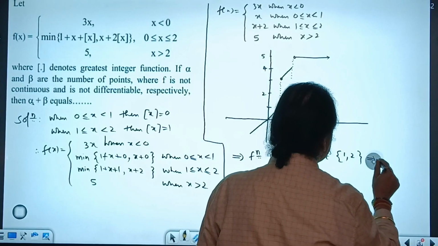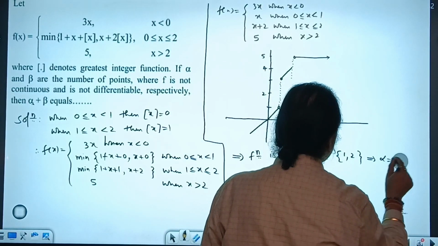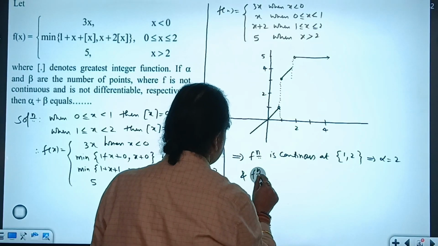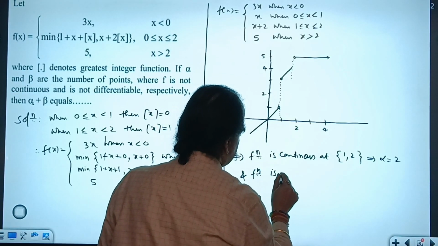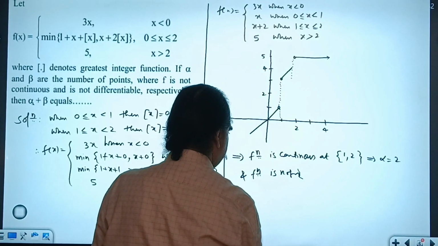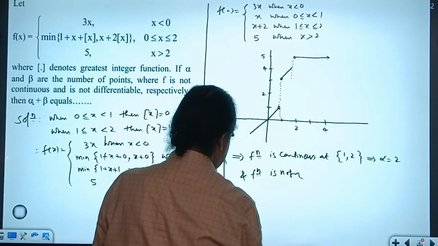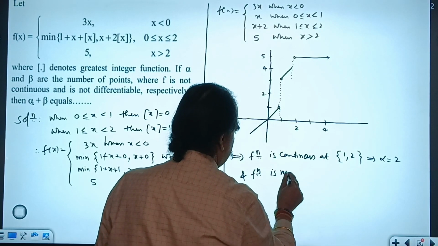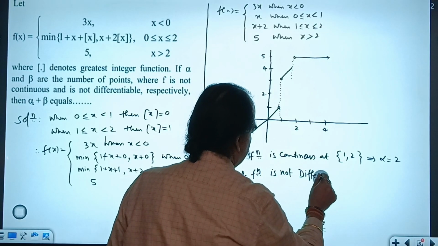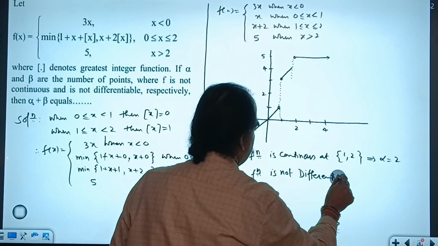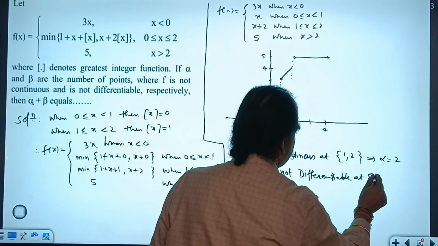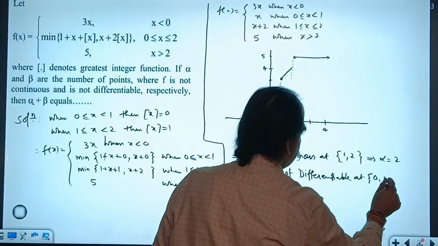So this implies alpha is 2, and the function is not differentiable at 0, 1, 2.